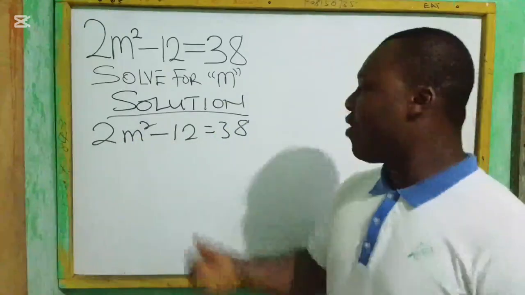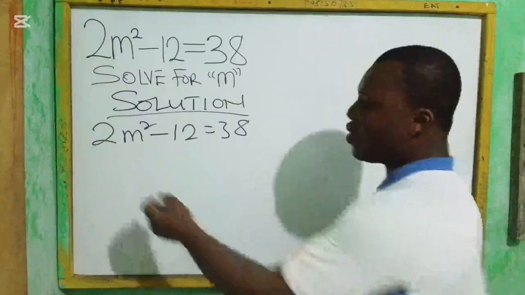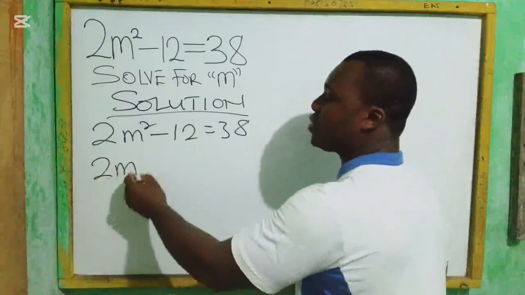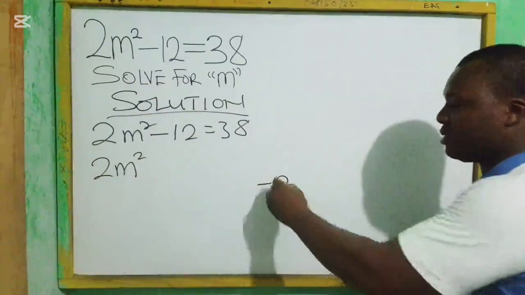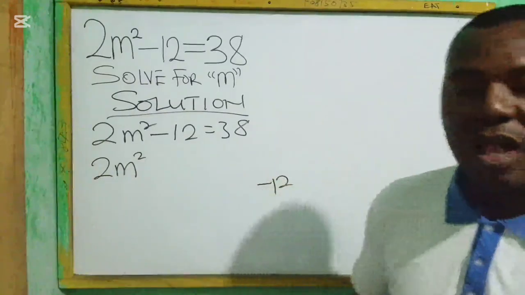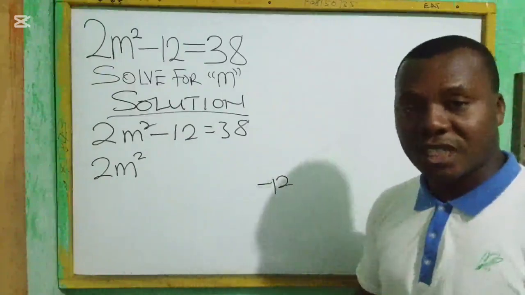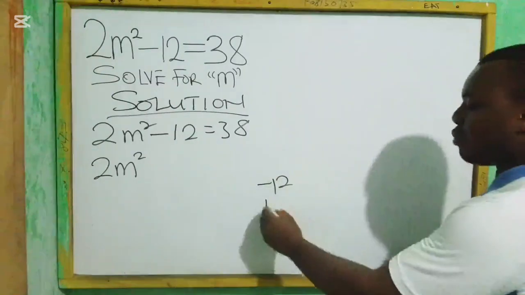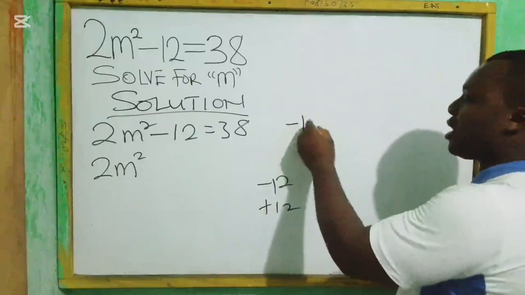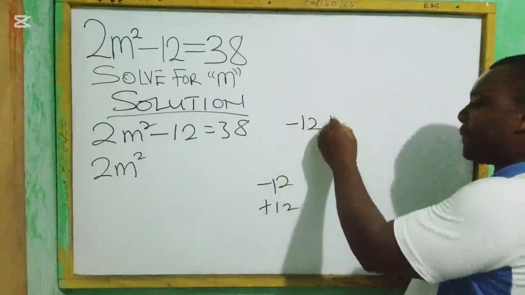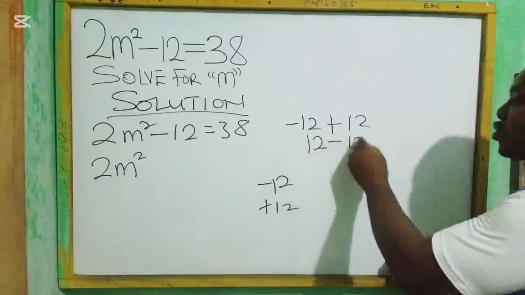So, we have to transpose this minus 12. This is what we do. We are going to have 2m squared, then we're having minus 12. Now, minus 12, what number can cancel minus 12? That is positive 12. Anytime you see minus 12 plus 12, it is the same as 12 minus 12.